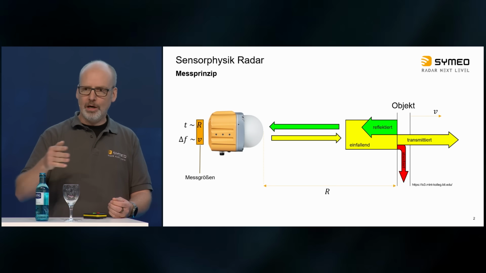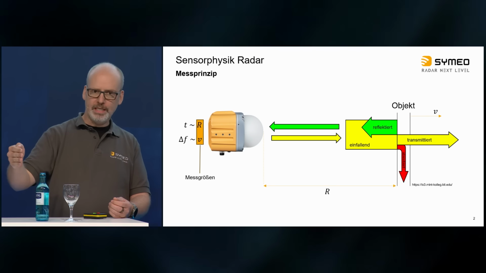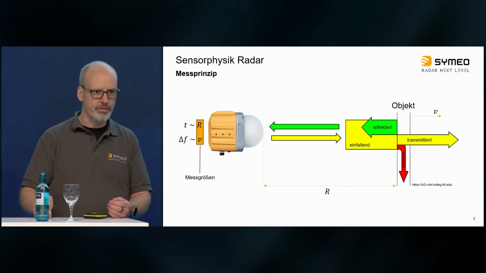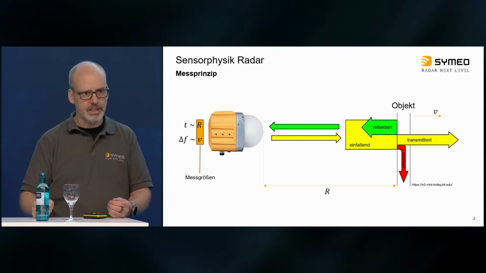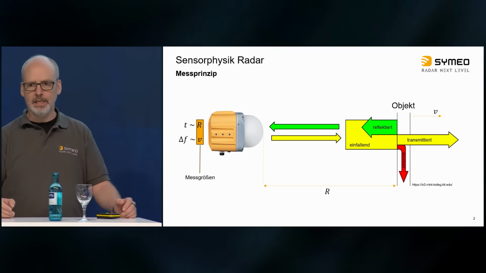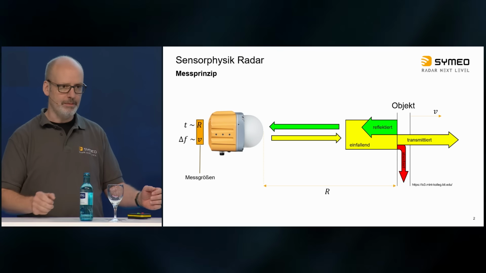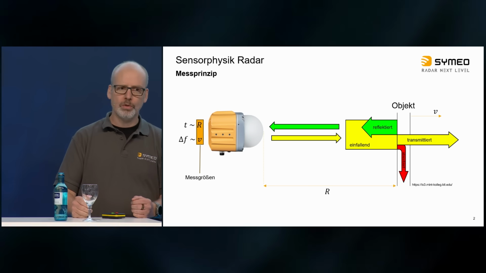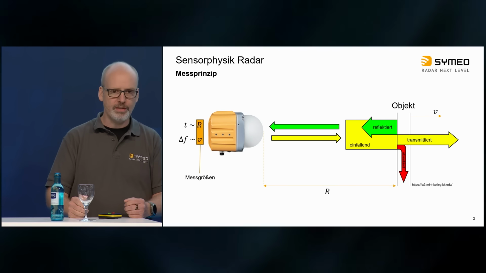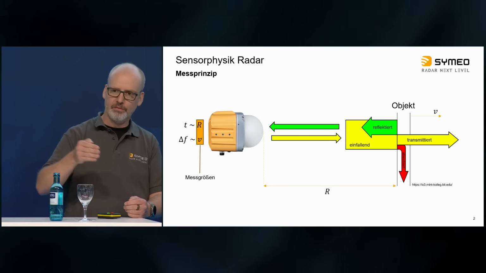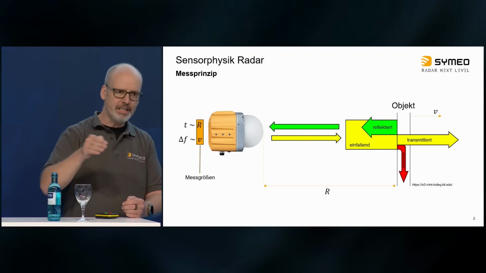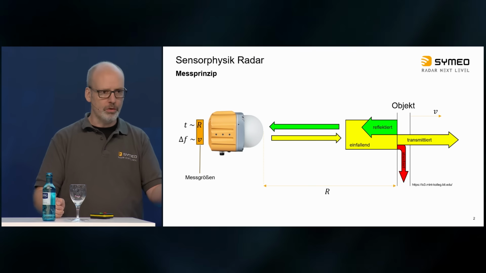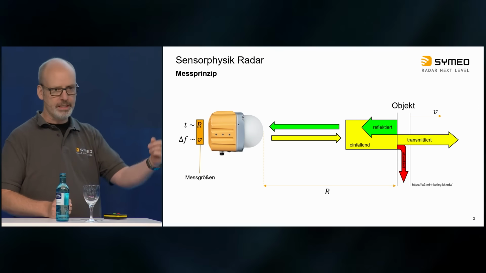What do we evaluate? A radar measures the duration of the electromagnetic wave, how long it takes to get to the object and back. In the air, it travels at the speed of light; in other materials the propagation speed is less. If the object moves, there is the Doppler shift, a frequency shift. This means the reflected signal comes back at a different frequency compared to the frequency it was sent out on.